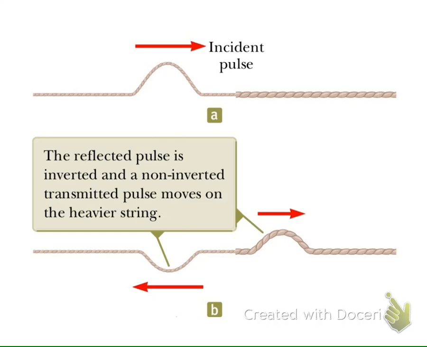Okay, so it means that at this point the total pulse will have the smaller amplitude like this, because it cancels with the reflected pulse that moves back to the left.